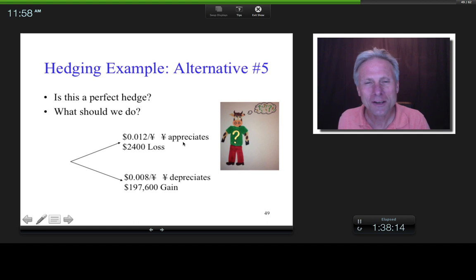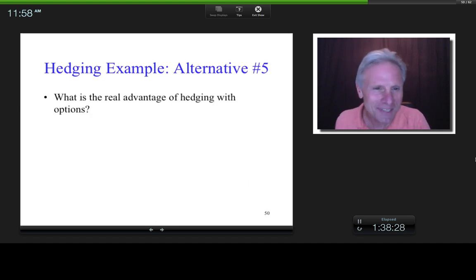So if taking on exchange rate risk is outside of your area of expertise and you have the choice to relatively costlessly avoid that risk, is that what they would want? They would, right? And so if that's the case, then under what circumstances might, even though it's not a perfect hedge, under what circumstance might you use options as a hedge? Any thoughts?